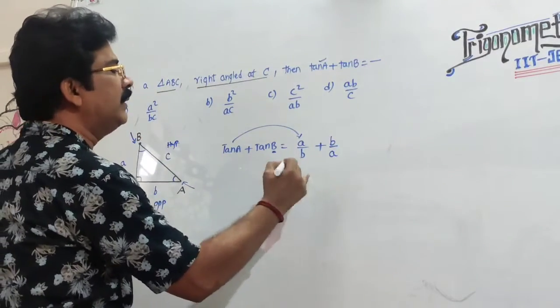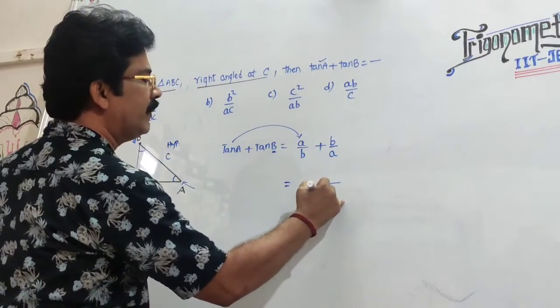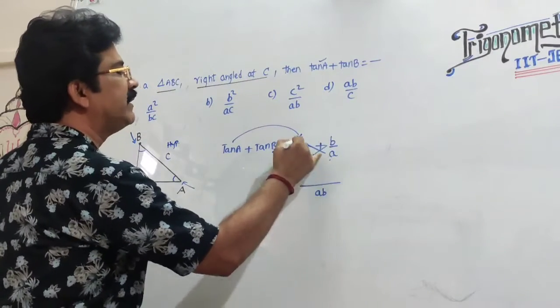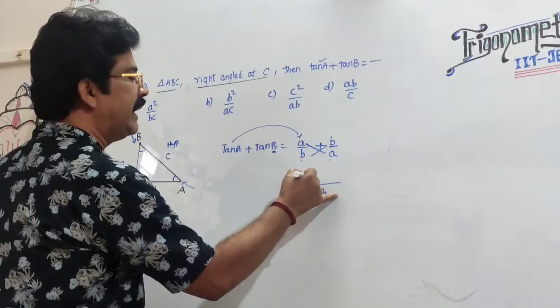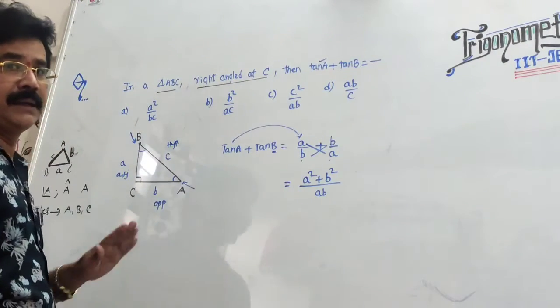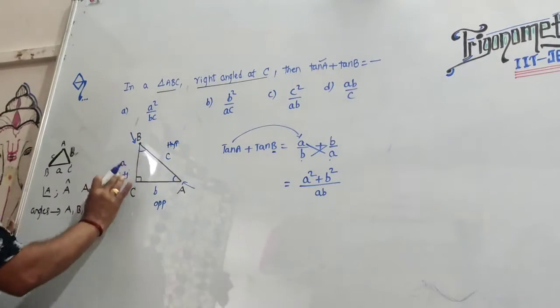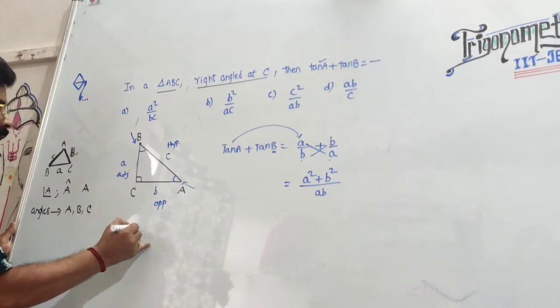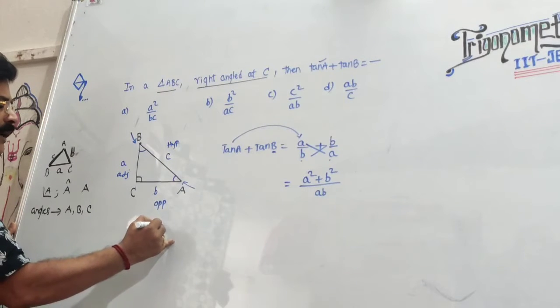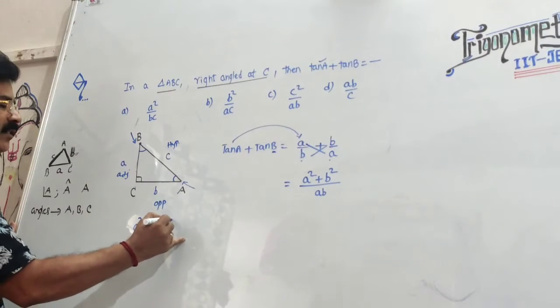Okay, let us simplify. LCM is ab. Different numbers are there, that's why cross multiplication. Take the cross multiplication: a into a, a square; b into b, b square. According to Pythagoras theorem, the hypotenuse square is equal to opposite square plus adjacent square.